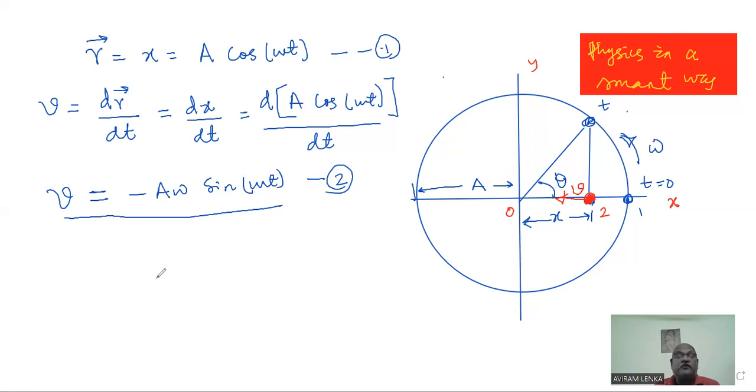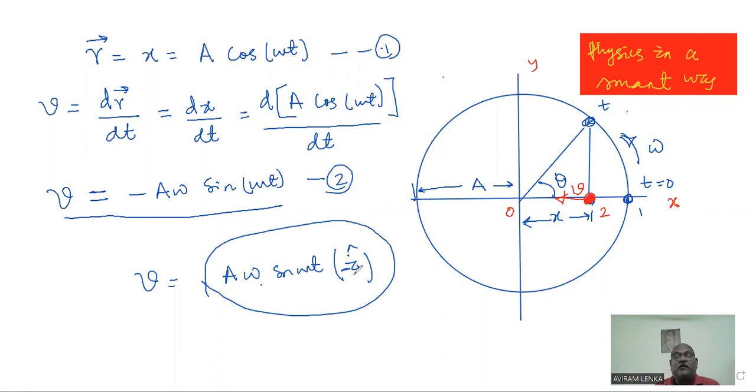If somebody writes velocity in the strictest possible sense, the velocity must be written as A omega sine omega t into minus i cap. We clearly see the velocity has got a minus sign, that is in the negative x direction.